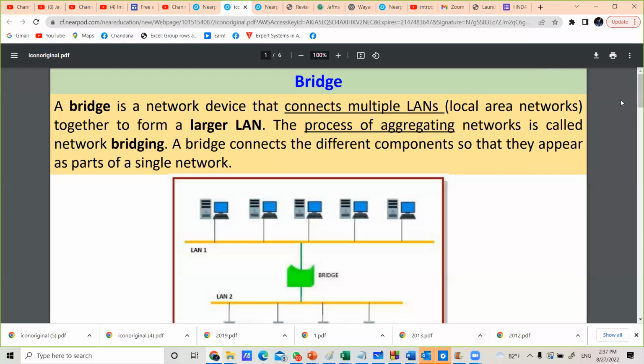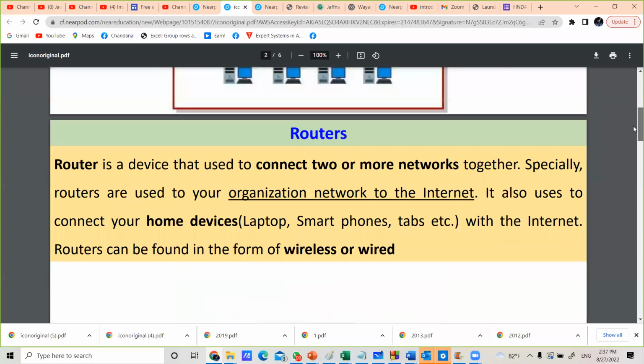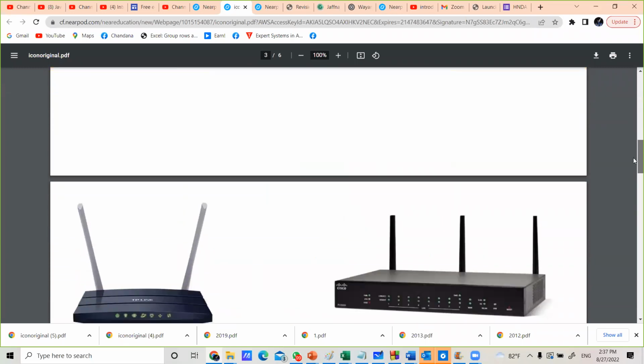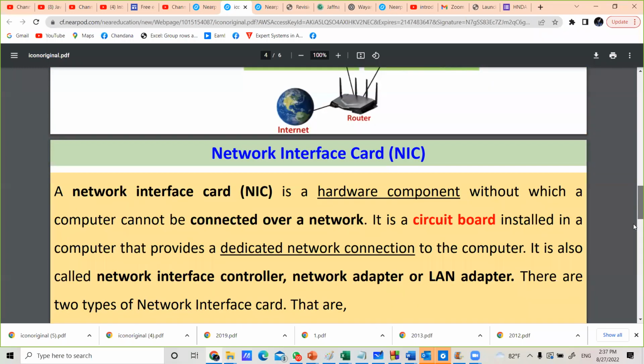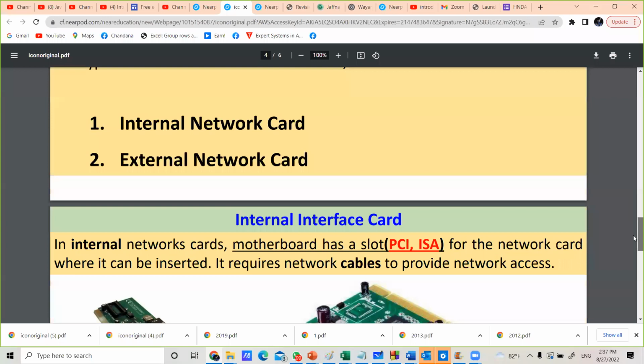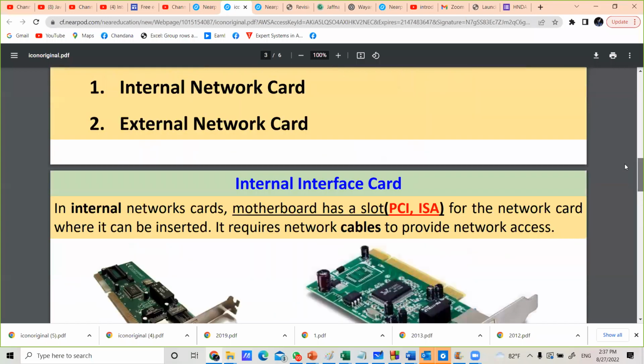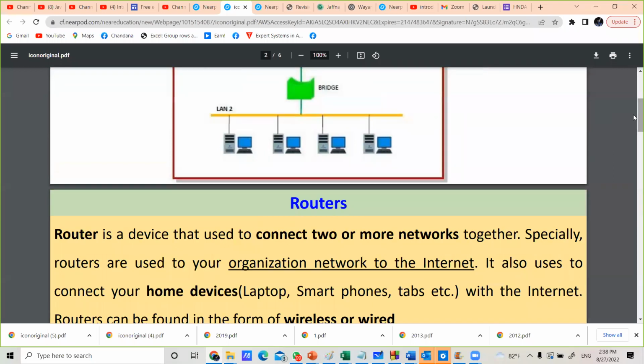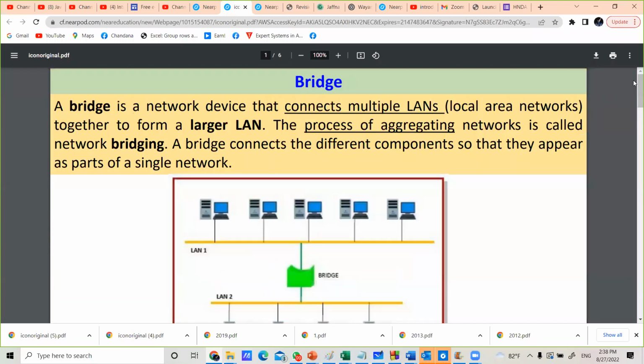In this note, we are going to discuss the bridge, another network device, then routers, network interface card. These three we should first discuss under components of the network, elements of the network.